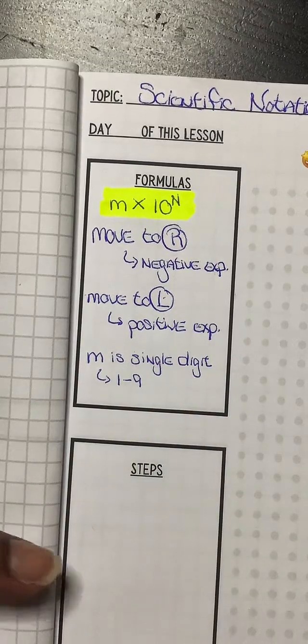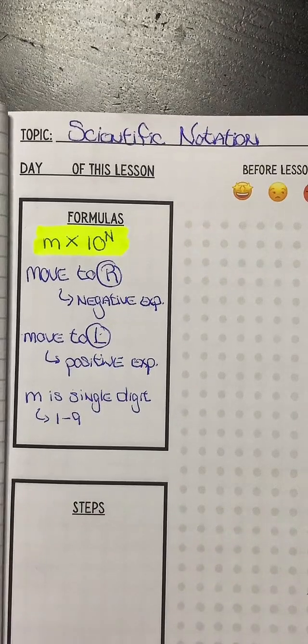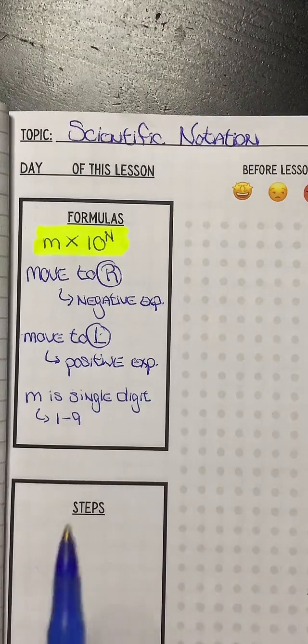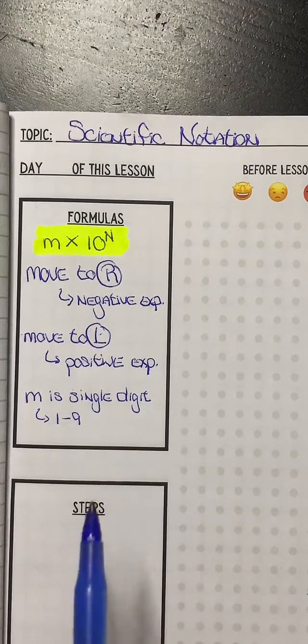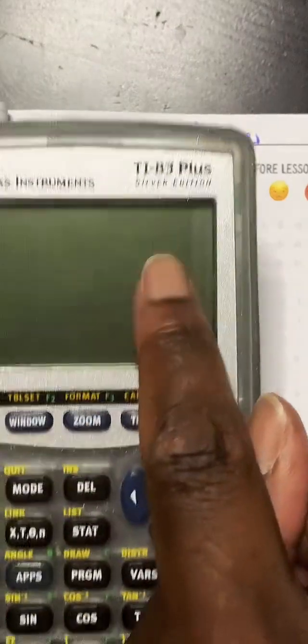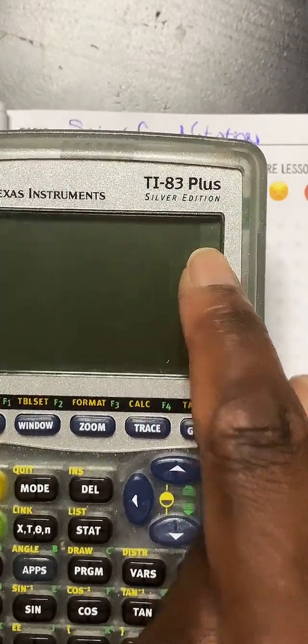The reason we deal with scientific notation is because we're starting to deal with extremely large or extremely small numbers. And there are going to be times that you put it in your calculator and the calculator shows this E with a negative number next to it, and your teacher says, oh, that's just zero.